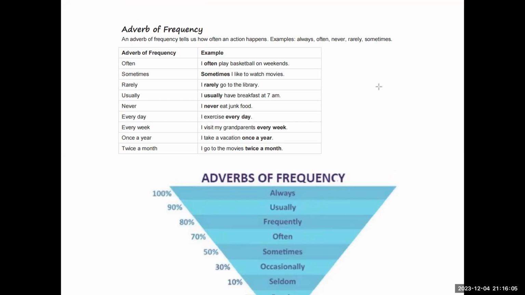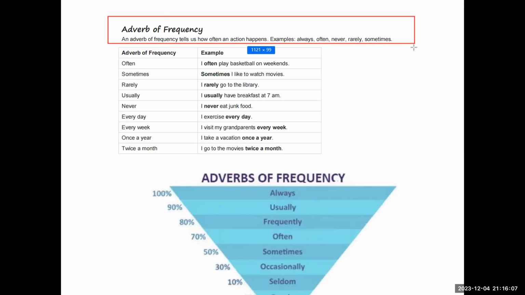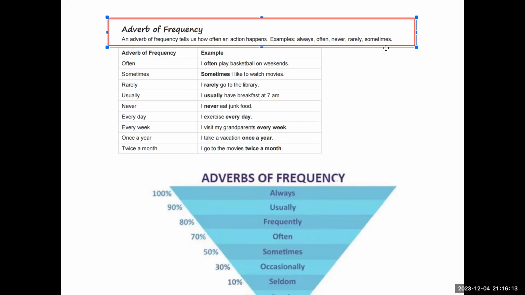So again, please read. How will you or when will you use adverbs of frequency? Here, please read this part. An adverb of frequency tells us how often an action happens.